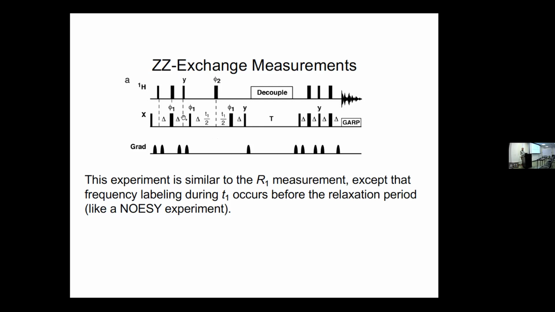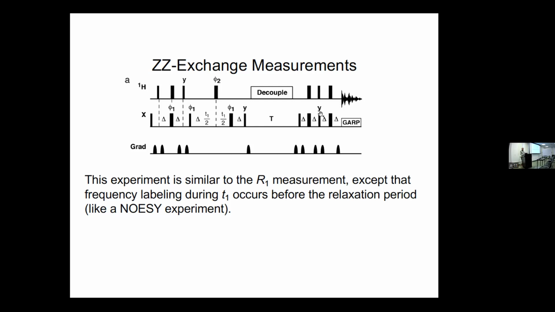So there's an initial INEPT, which you wouldn't need for a hydrogen NOESY. And then frequency labeling. And this frequency labeling simultaneously labels the nitrogen chemical shift and refocuses to in-phase magnetization. And then here, the magnetization is on the Z-axis. And then we read out.